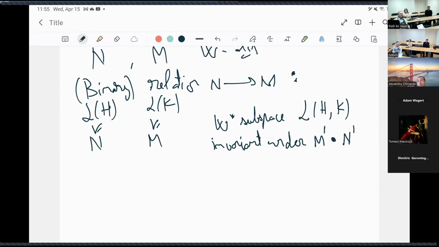It can be shown that the notion is intrinsic, meaning if I give you another fixed pair of embeddings, there's a bijective correspondence between relations involving H and K and relations involving H prime and K prime, the other embeddings.